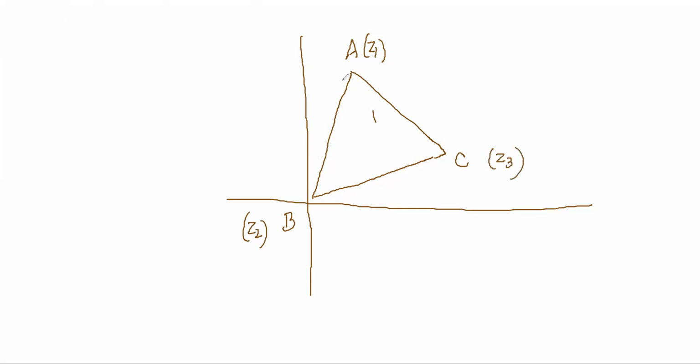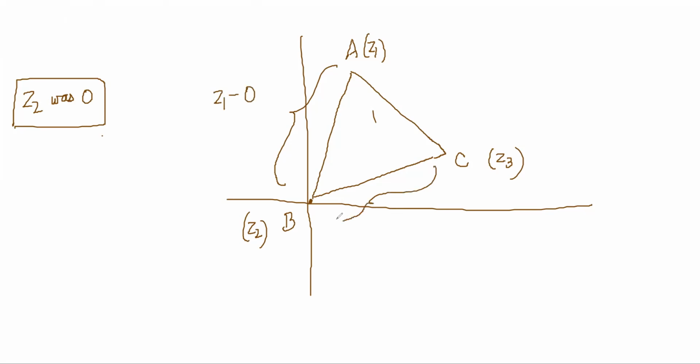So if Z2 was 0, if Z2 was the origin, 0 is the complex number for the origin, no? 0 plus 0i, right? Then this line segment would be Z1 minus 0, right? And this line segment would be Z3 minus 0, right?